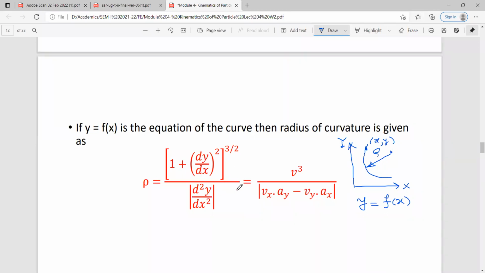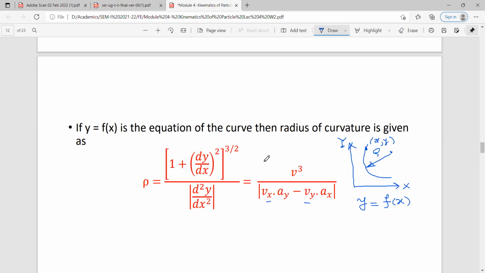It can also be proved that radius of curvature is equal to this, where v is the velocity of the object, and vx and vy are the two components of velocity along the x and y direction.